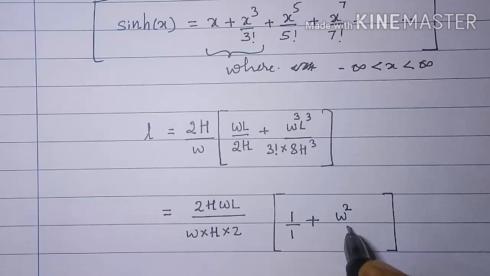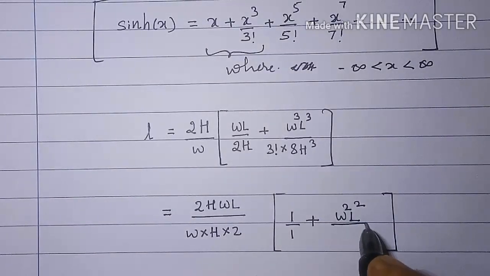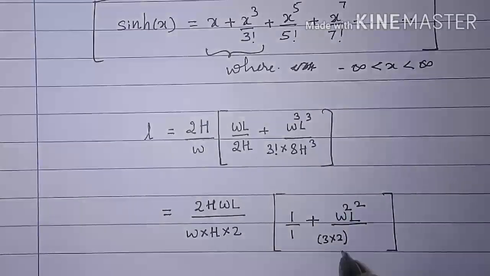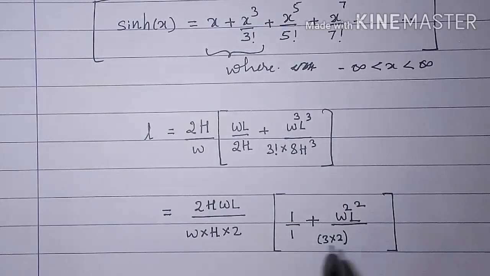So here we will have W square, L we have taken common outside. So here we will be having L square by 3 factorial means 3 into 2 into 1, but 1 I will not show here, 2 I have taken common outside, so here I will be having 4 into h is taken common outside, h square will be there.